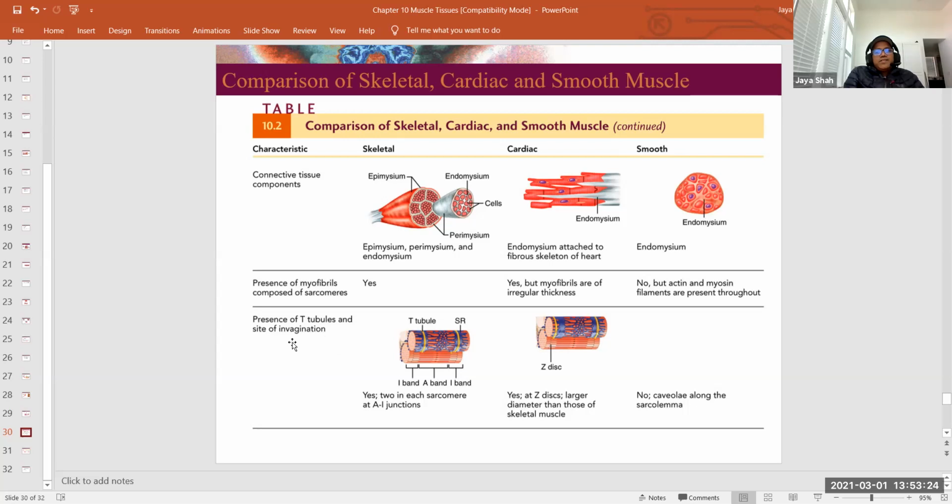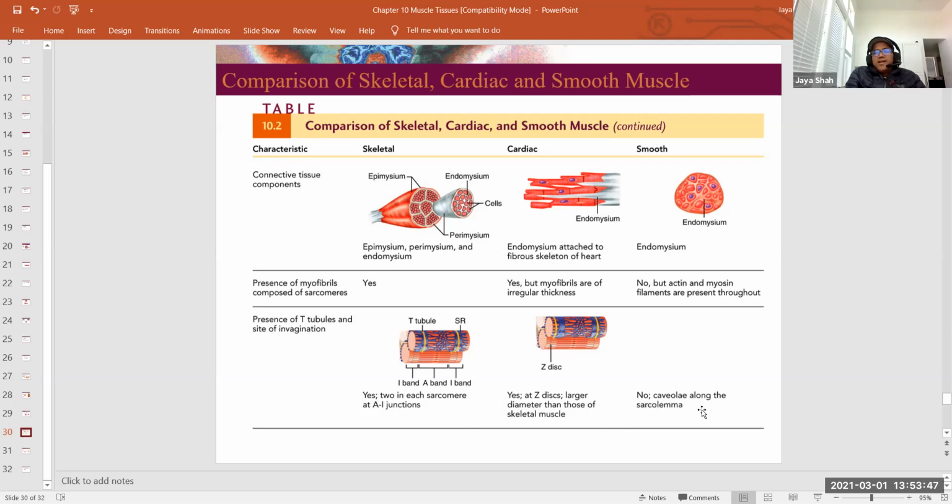Presence of tubules and site of invagination. You can see 2 in each sarcomere and a junction here. Cardiac muscle has a larger diameter than those of the skeletal muscle, and there is no presence of T tubules.